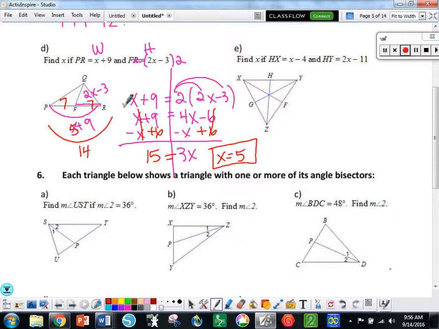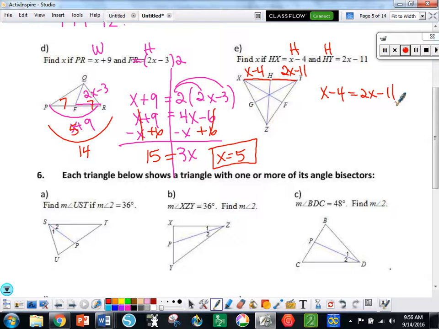Find x if HX, which is right here, half or whole? This is half. And HY, half or whole? Half. Are those two different things? What do we know about the two halves? They're equal to each other, right? Because they're both half. So this x minus 4 and this 2x minus 11 must equal each other.